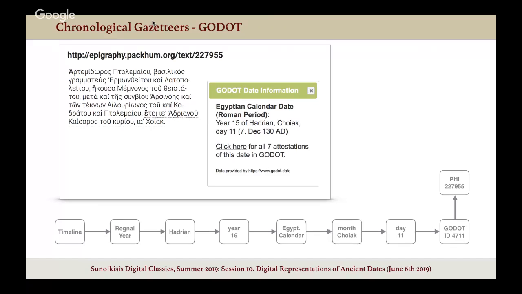Month is Choiak and day is 11. So we have here the complete date in a graph. And we are adding then some more information, like, for example, the Godot URI plus some additional information, plus an attestation node which holds information about the text in which the date attestation can be found.